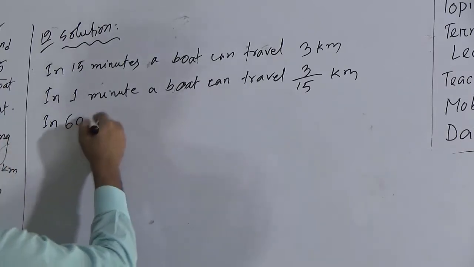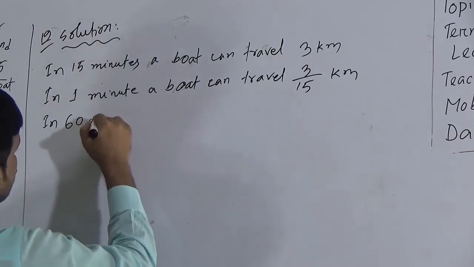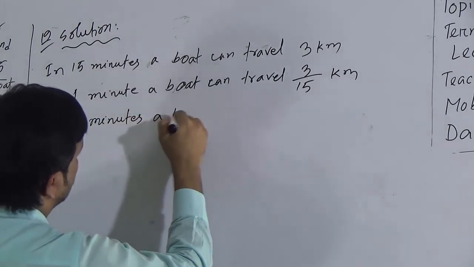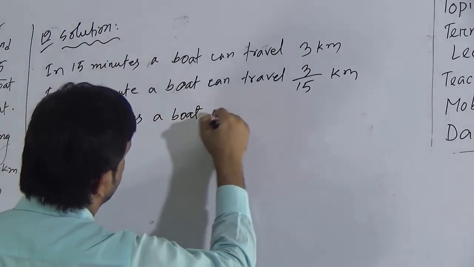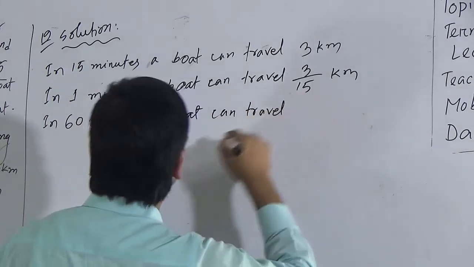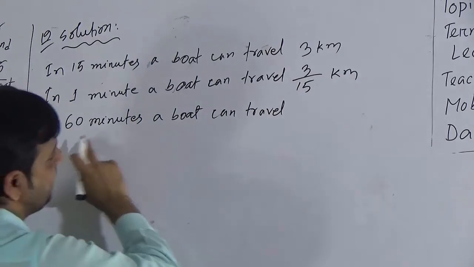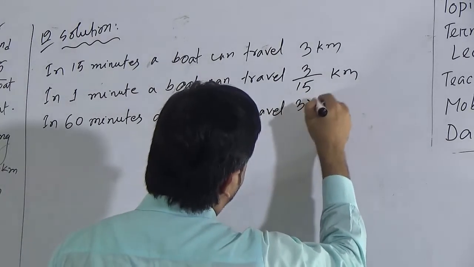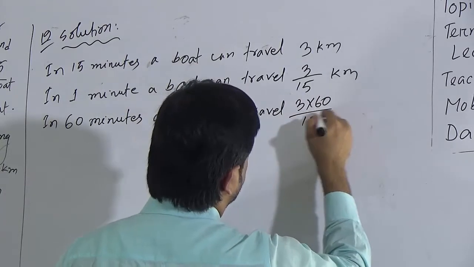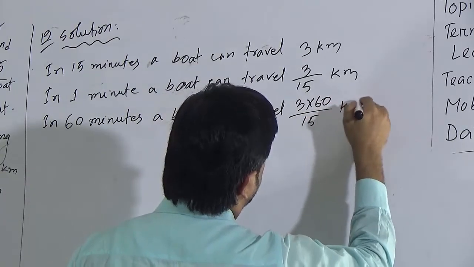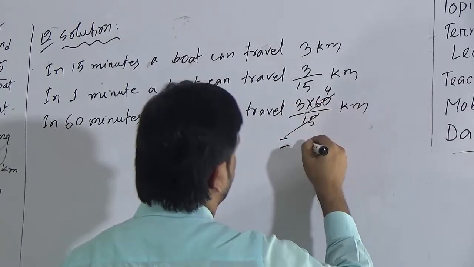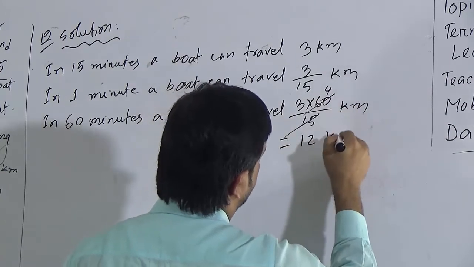So we can write in 60 minutes a boat can travel. So as time increases, so the distance will also increase, so we have to multiply by 60, so it will go to the numerator. So we can write now 15 we can cut, 60 we can cut, we will get 4 here, 3 4s are 12 km.